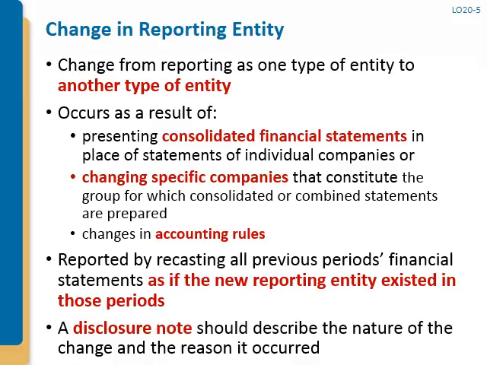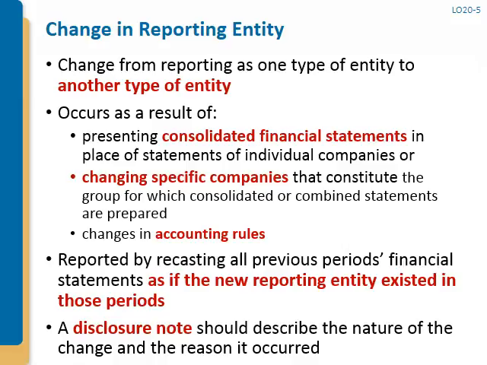At a minimum, the supplemental pro forma information should display revenue, income from continuing operations, net income, and earnings per share. A change in reporting entity is reported by recasting all previous periods' financial statements as if the new reporting entity existed in those periods.